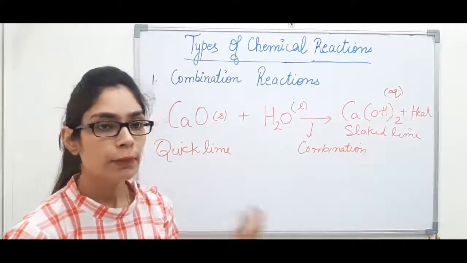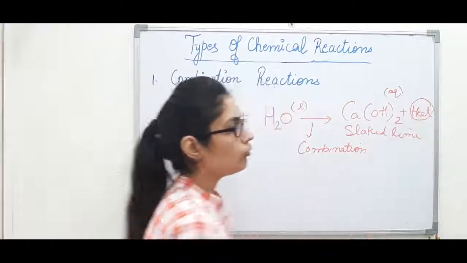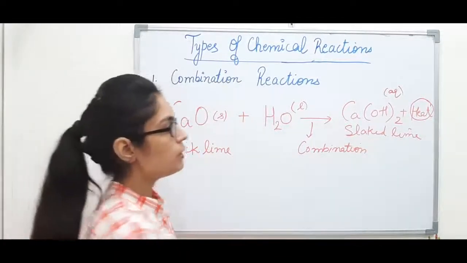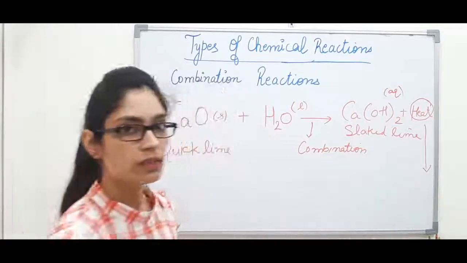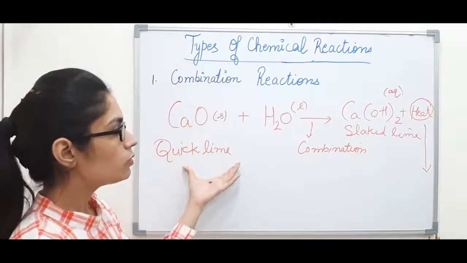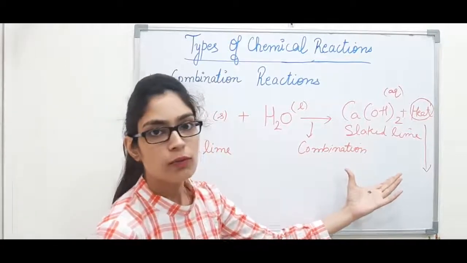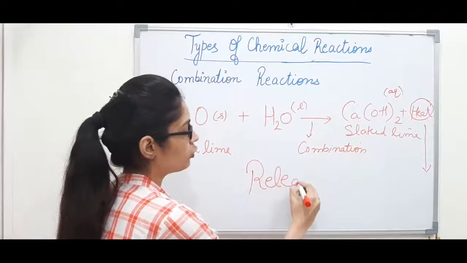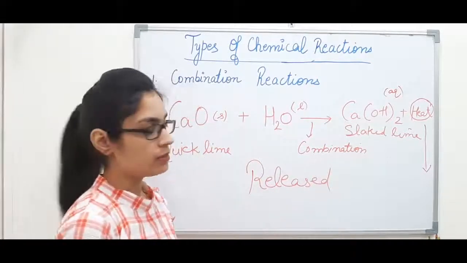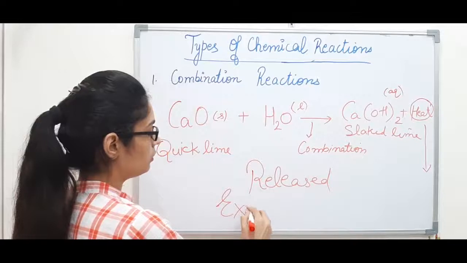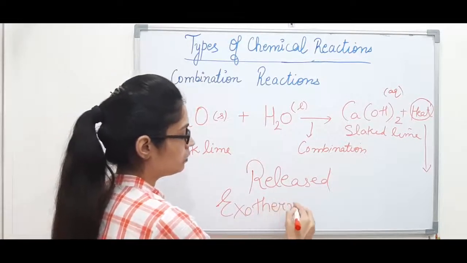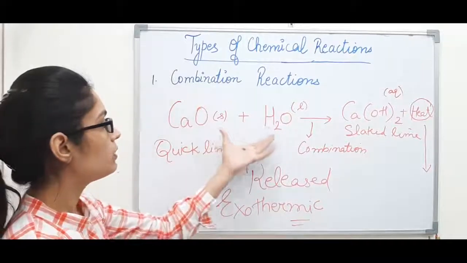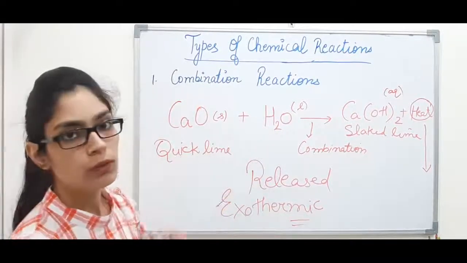Along with this, the temperature of the product will increase, which means it's giving me heat also. So this is the observation. On adding these two, my product will be heated, which means heat is released, and when heat is released the reaction is exothermic. So this is the most commonly asked question in the exam: what is the observation on adding quicklime to water?